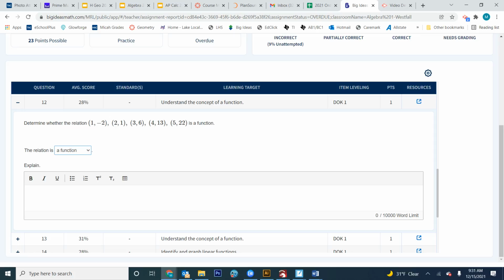Now, for the explanation here, you could say a couple things, right? One is there's no repeated input values, or there are no repeated x values. That's what I would say. Make it short and sweet. Is everybody okay with that? Does that make sense now? Yeah, that's an easy question. Don't make it hard. Okay, is everybody okay with 12?